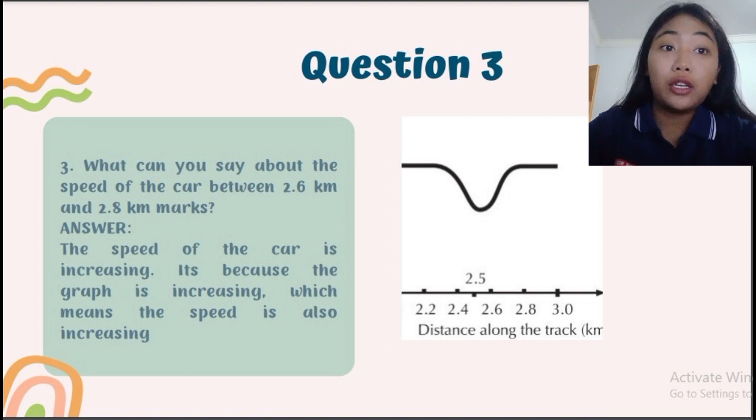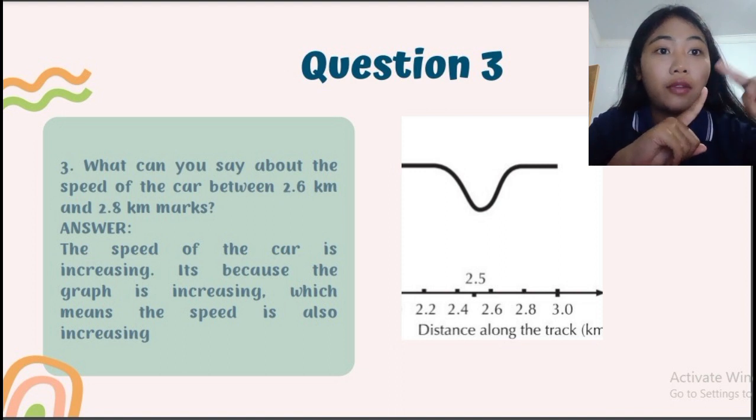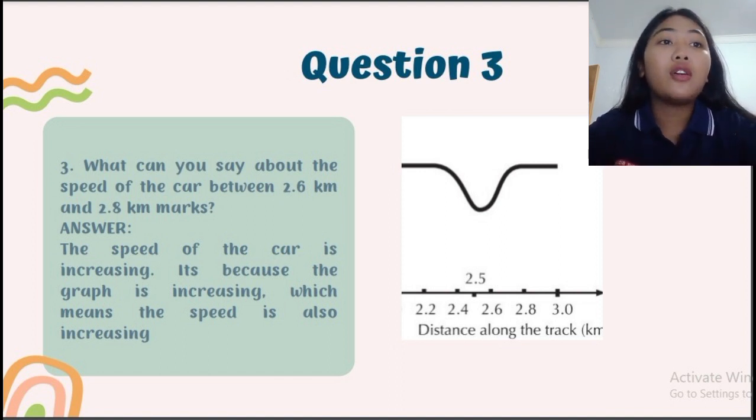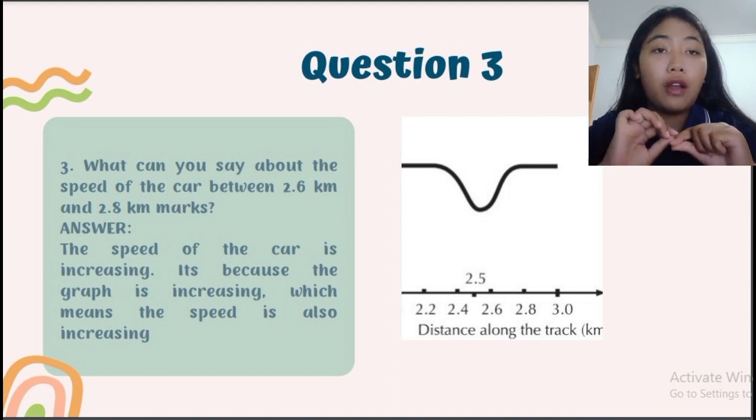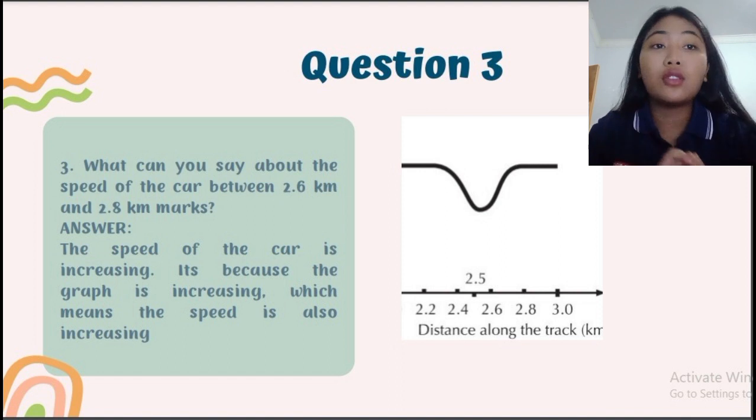My answer is the speed of the car is increasing, because the graph is increasing. So if the graph is increasing, the speed of the car is also increasing.